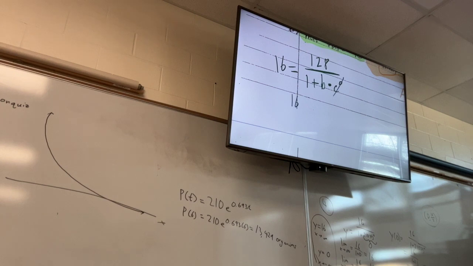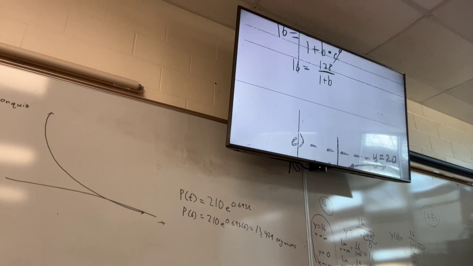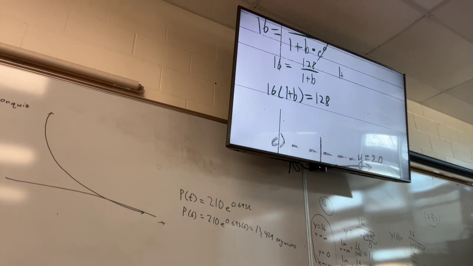Okay, so 16 equals 128 over 1 plus b, or 16 times 1 plus b equals 128. 128 divided by 16 is 8. So 1 plus b equals 8, or b equals 7.